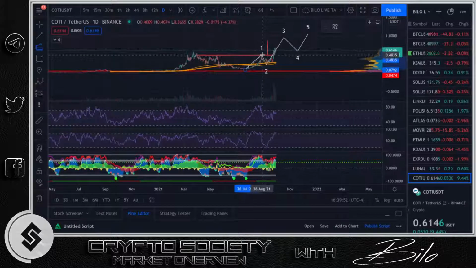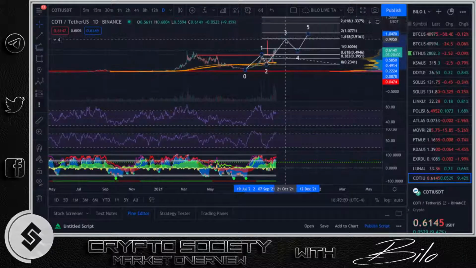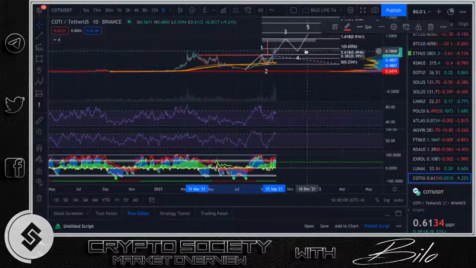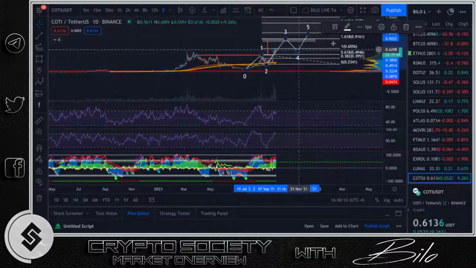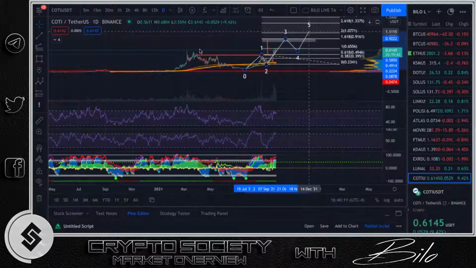So I'm looking for wave 3 to be at 1.618, which is right here. So target is pretty close. So let's just say that wave 3 target is somewhere here, and that wave 5 is somewhere here. That's what I'd be looking for, very quickly.